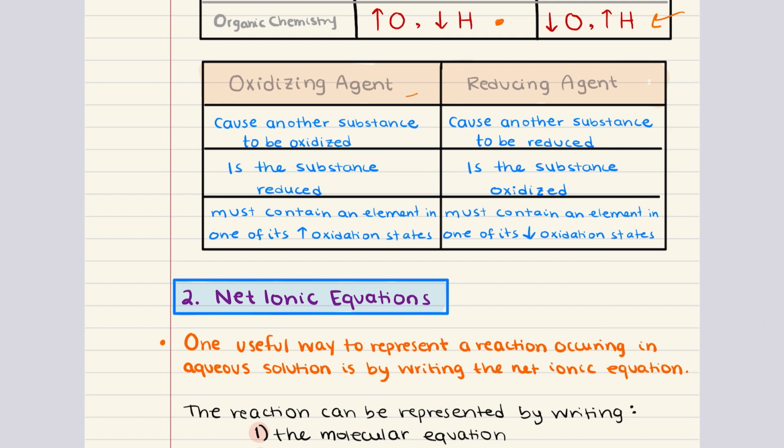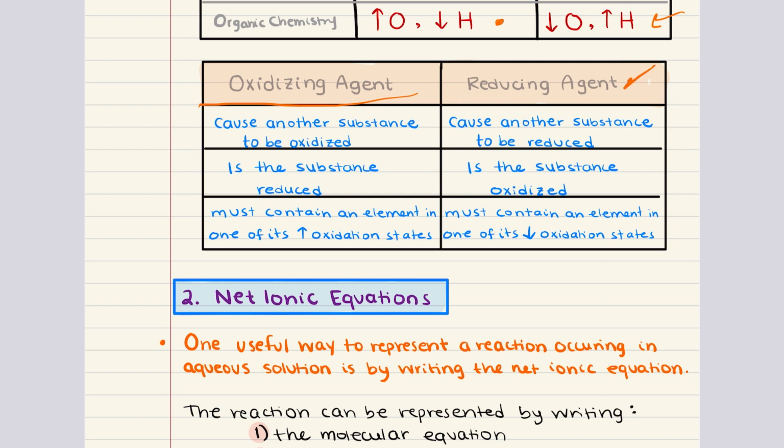An oxidizing agent causes another substance to be oxidized. Chemically, it is the substance that is reduced because it gains the electrons lost by the oxidized substance. For an oxidizing agent to function, it must contain an element in one of its higher oxidation states and ready to accept electrons.